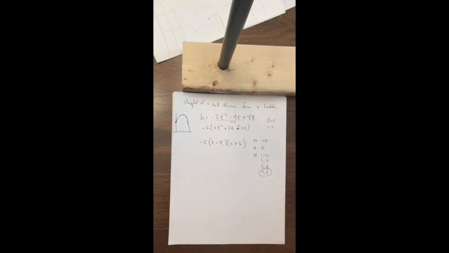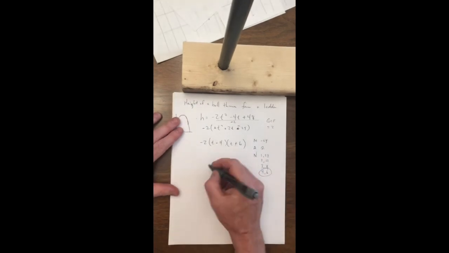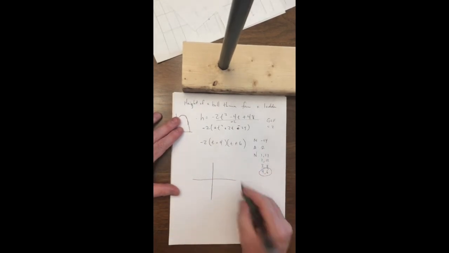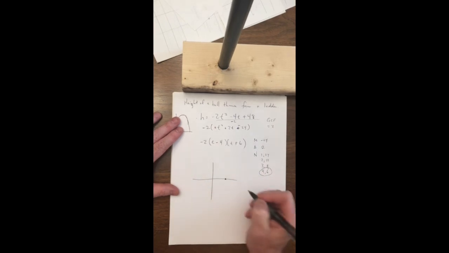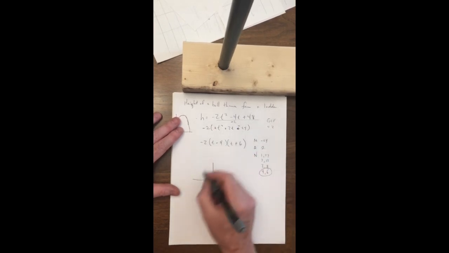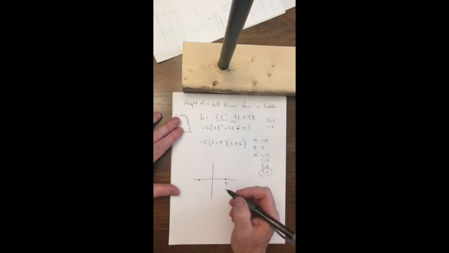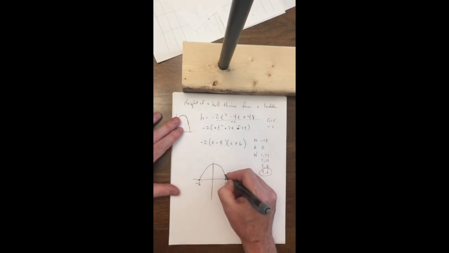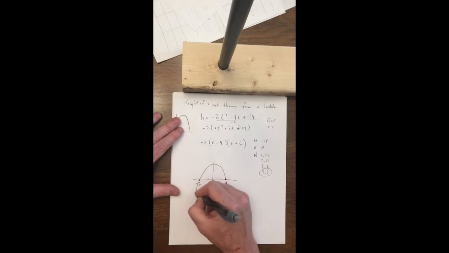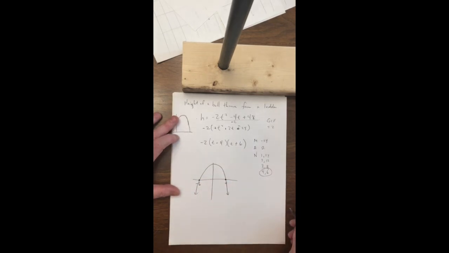It says, part B of this question is determine where the ball will hit the ground. Well, if we graph this out, we know that we have 2 zeros here. We know the ball crosses the x-axis at 4. We know the ball crosses the x-axis at -6. We know we have a stretch value of 2, but that doesn't really matter.